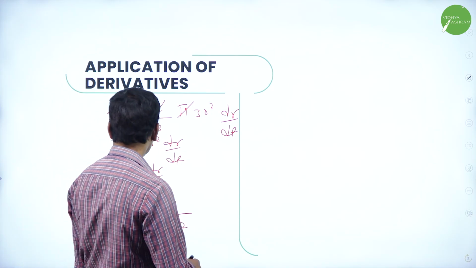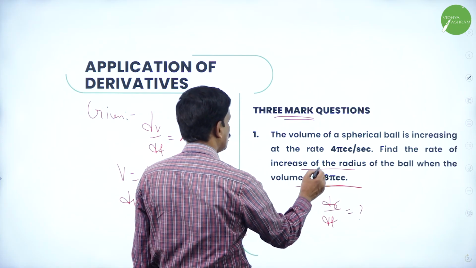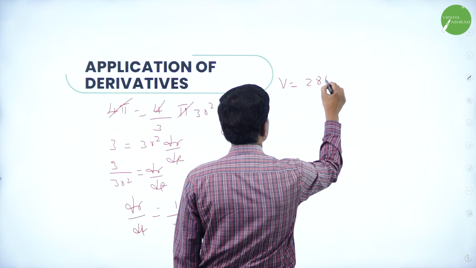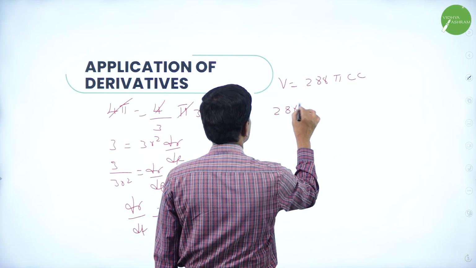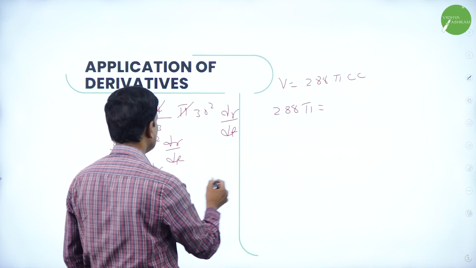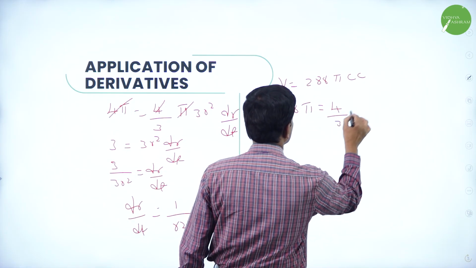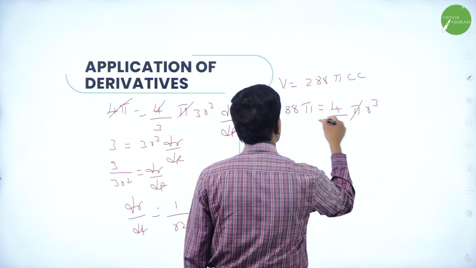Now find out the value of r first. Since the volume is given, what is the volume? 288 pi cc. Now substitute here. So 288 pi is equal to 4 by 3 pi r cube. Pi and pi get cancelled.